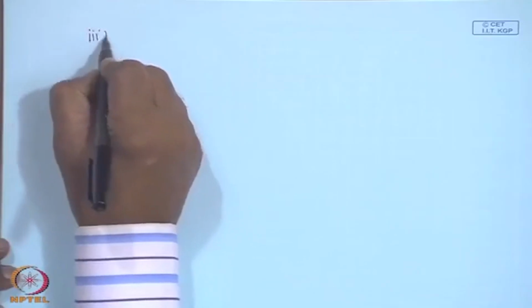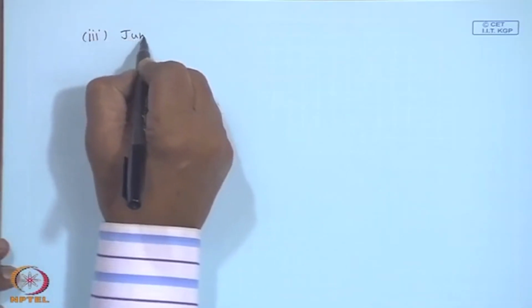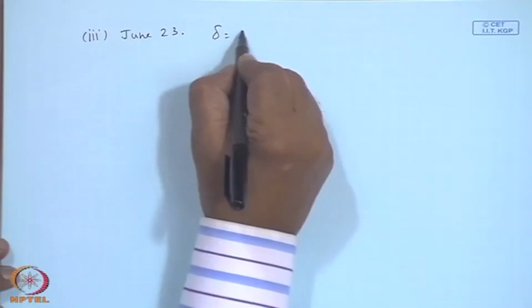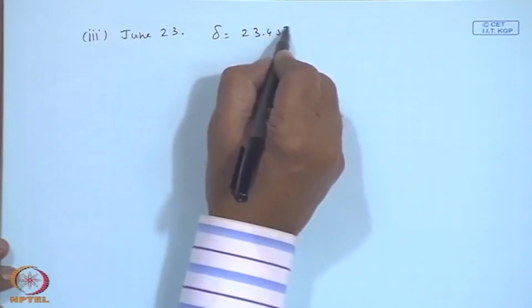And then you have the third case, June 23rd, delta is 23.45.